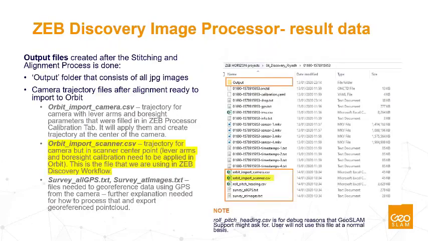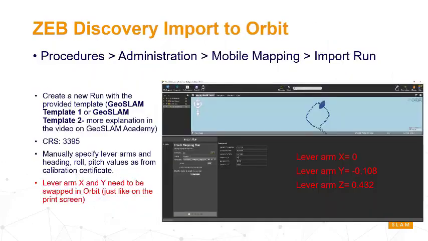Okay, you see, you can also select your coordinate system, etc. But this result you import into your Orbit software as an SCV file, and here you see your results in that Orbit software.